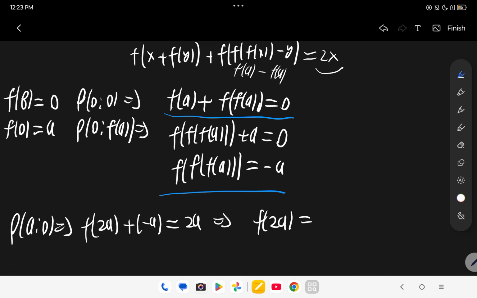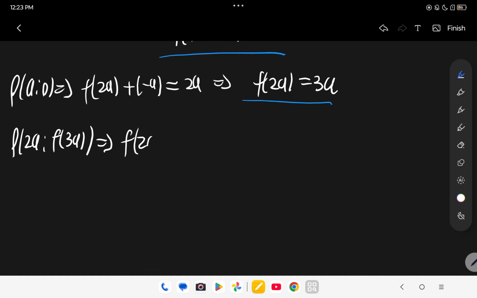Okay, now we will put this strange thing. As I mentioned, this problem is a brain rot, so you have to expect this. And from here we get 2a plus f(3a) equals plus a equals 4a.